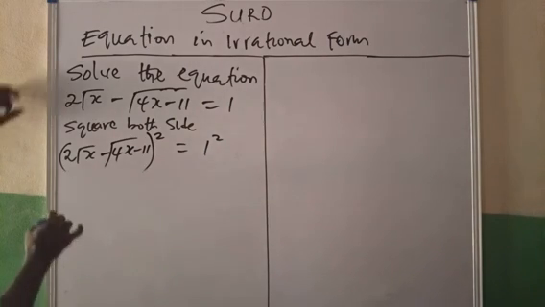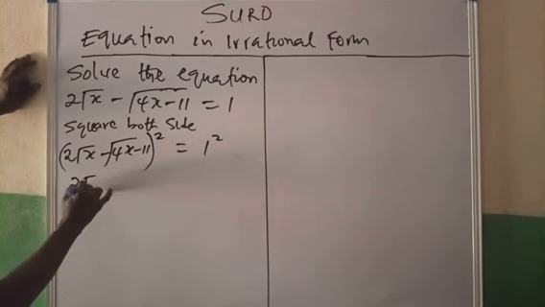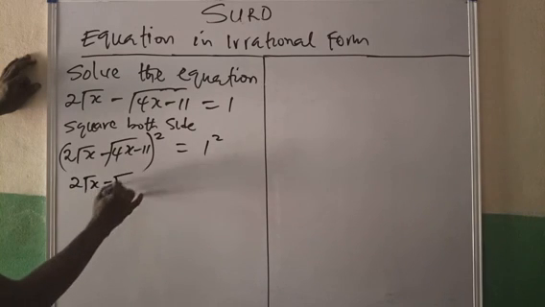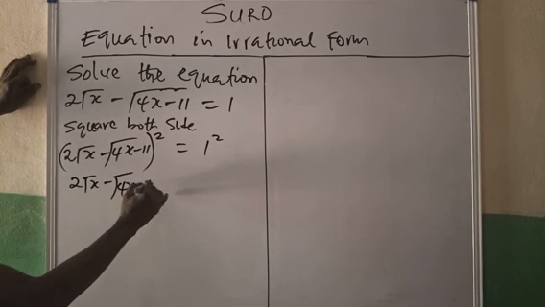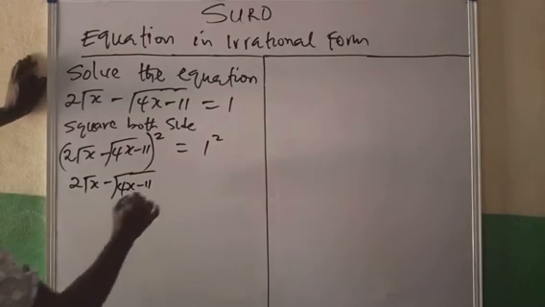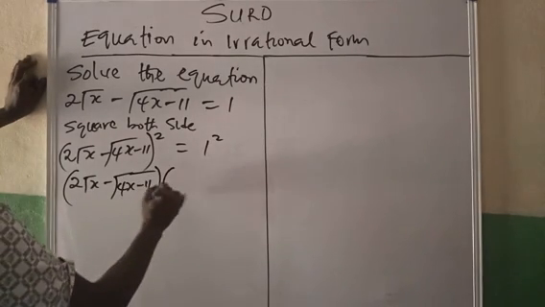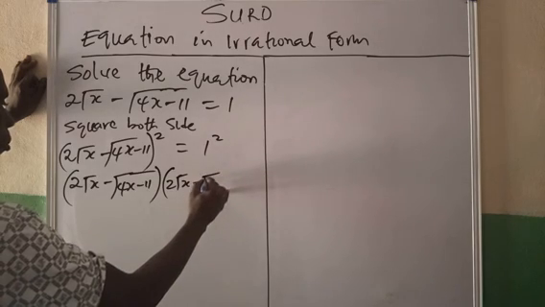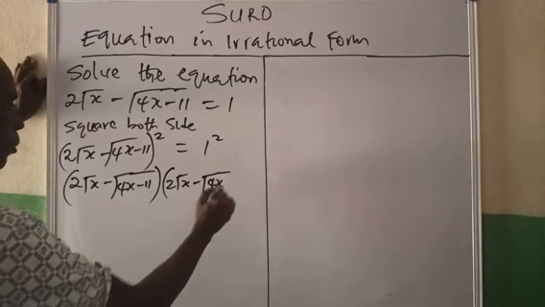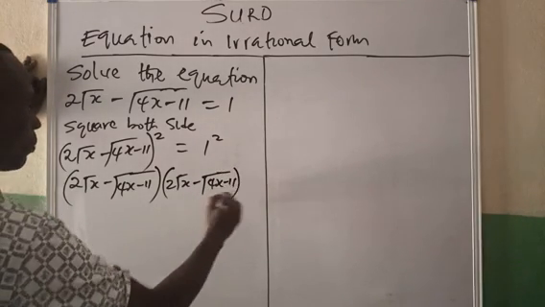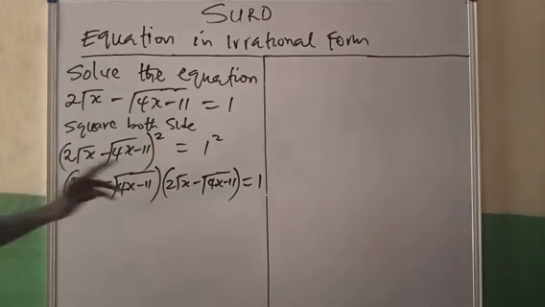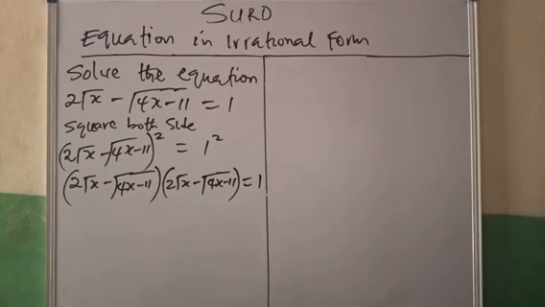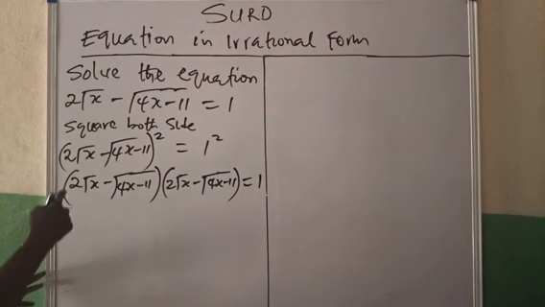So if you expand this, you have (2 root s minus root 4s minus 11)(2 root s minus root 4s minus 11) will be equal to 1. 1 squared is 1.